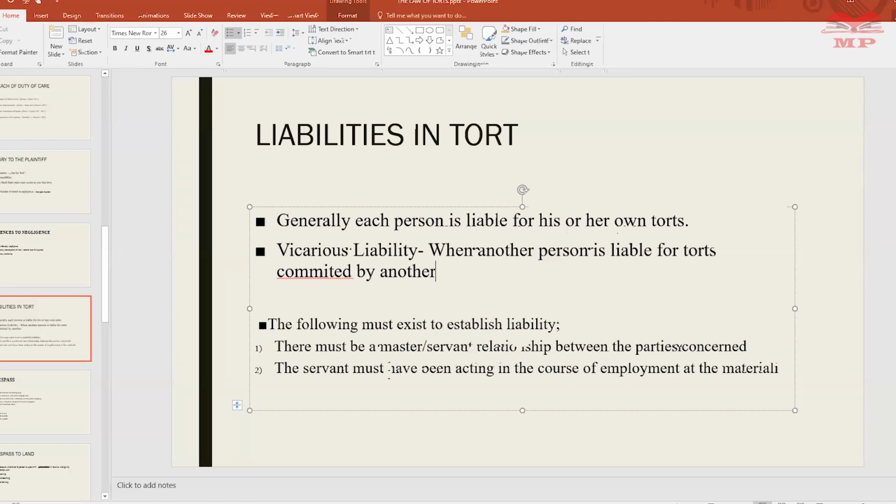And we ask ourselves, what is the course of employment? Where acts are done in the course of employment and it is proven that they were authorized by the master, then that employer will be liable for them, for those acts he actually authorizes, even though expressly forbidden by the employer.